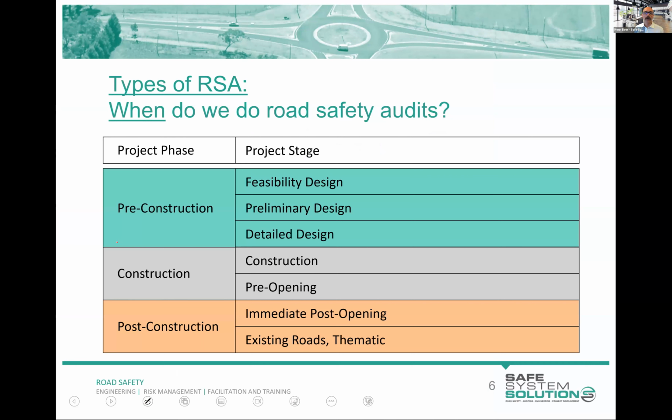So a road safety audit is this process, but it can be deployed at these different stages of a project. You can see there in the green all the things before any construction work happens in an upgrade project. That could be the feasibility design, the preliminary design, the detailed design stage of the project.